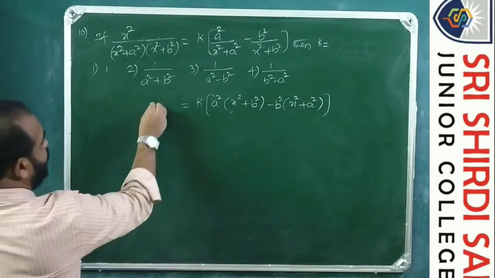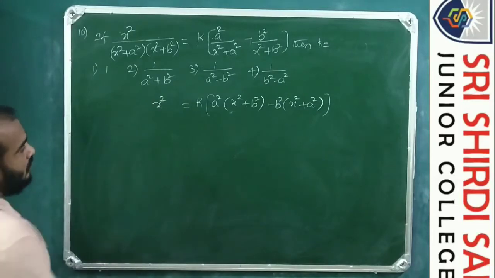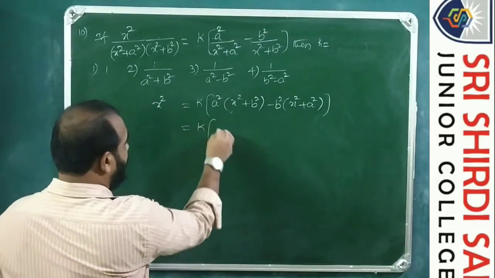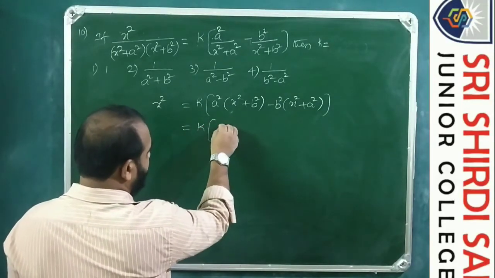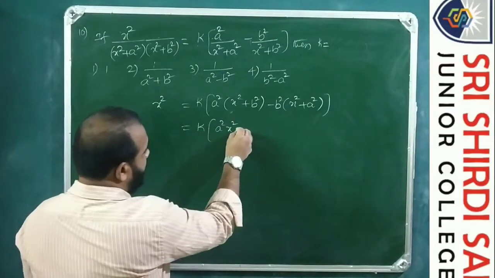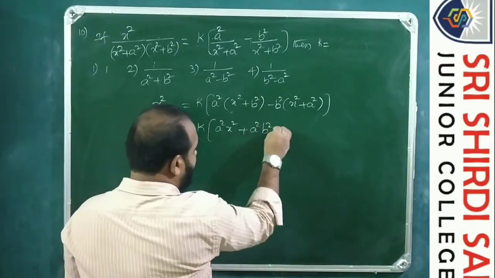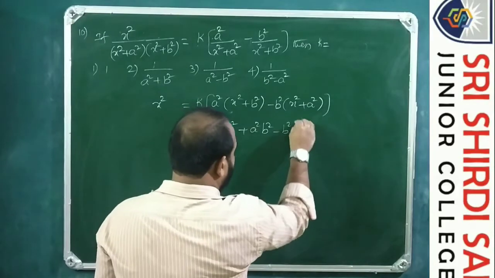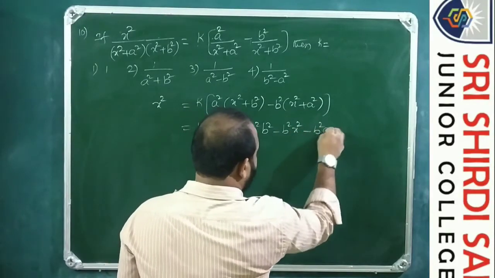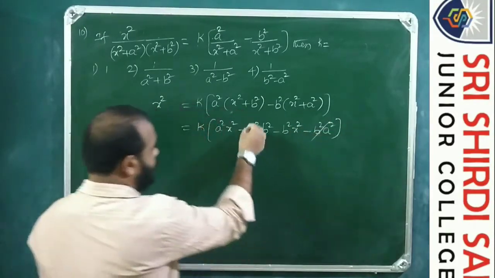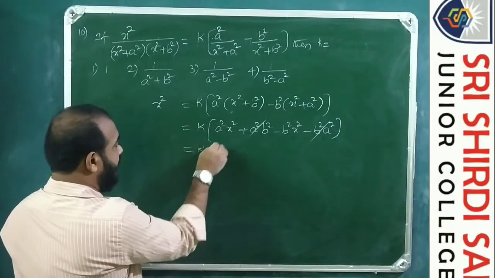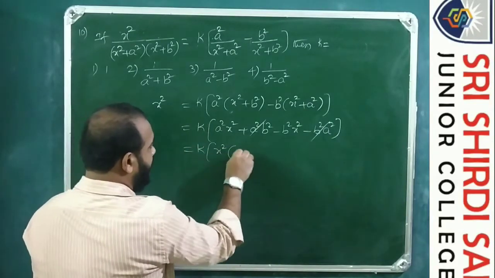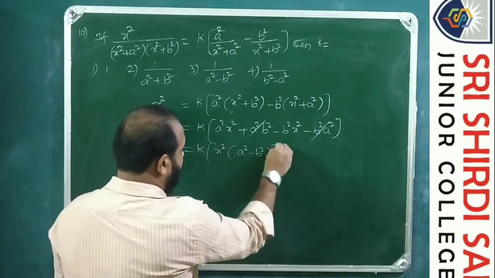This is equal to x square. So this is k into a square x square plus a square b square minus b square x square minus b square a square. So these two get cancelled. So k into, take x square in common, (a square minus b square).